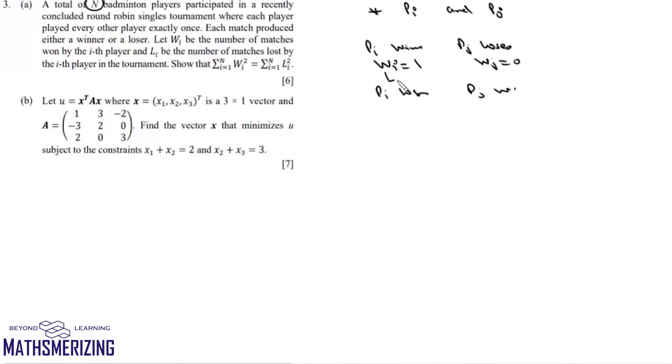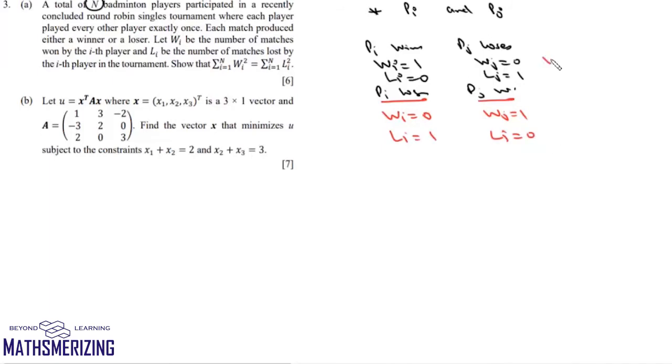And for this player, the value of Li will be 0, and here Lj is 1. In the same way, if Pi loses and Pj wins, Wi will be 0, whereas Wj will be 1, and Li will be 1, and Lj will be 0.